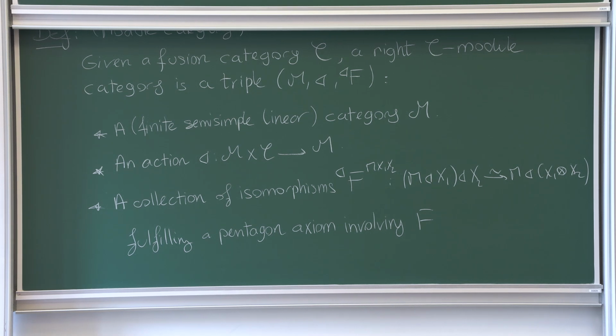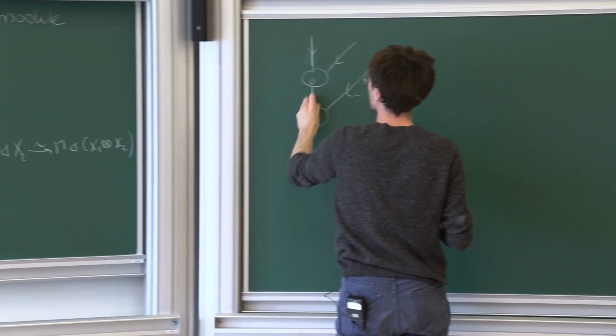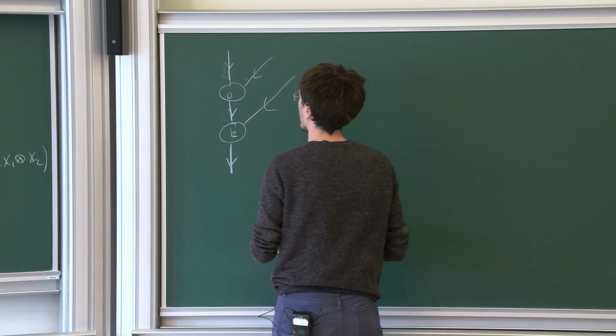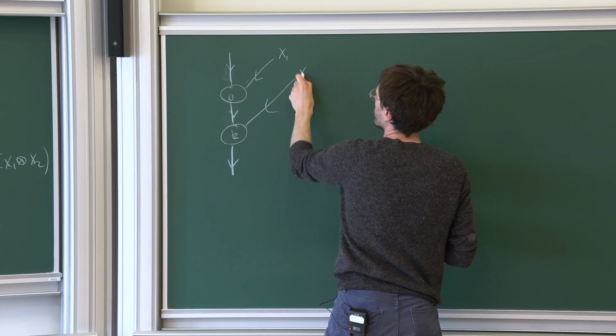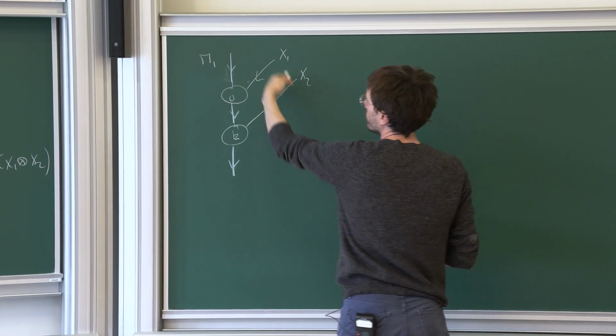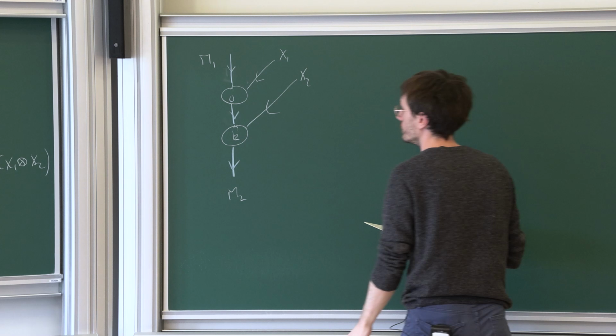I'm going to try to use colors as much as possible, since now we have different types of objects. Okay. So here, these are the two objects x1 and x2. Then they act on an object m1. In the result of this action, we can have simple objects m2.